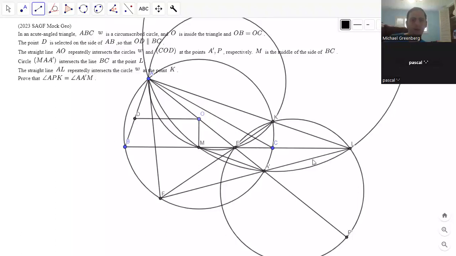What if we take BMC infinity and we project it through D onto AO? So then we get A, well, or maybe AM.